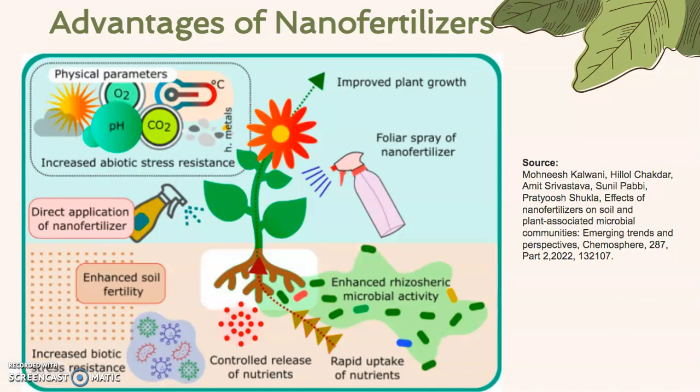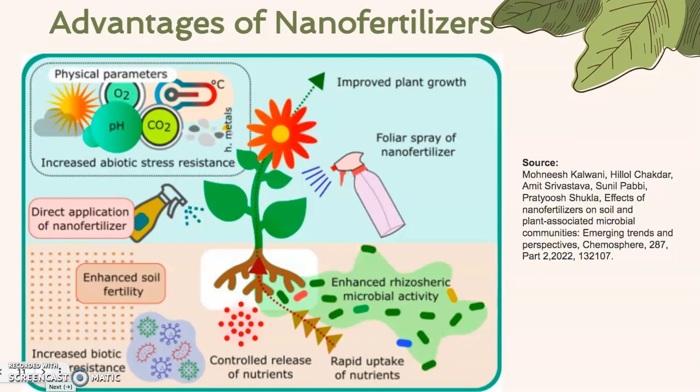So there are a lot of different advantages of these nanofertilizers over the chemical fertilizers, like it will not only improve the plant growth, but definitely help them in fighting the abiotic stress as well as the biotic stress. So it will enhance the soil fertility, also enhance the rhizospheric microbial activity and help the plants to take up the nutrients very nicely from the soils.